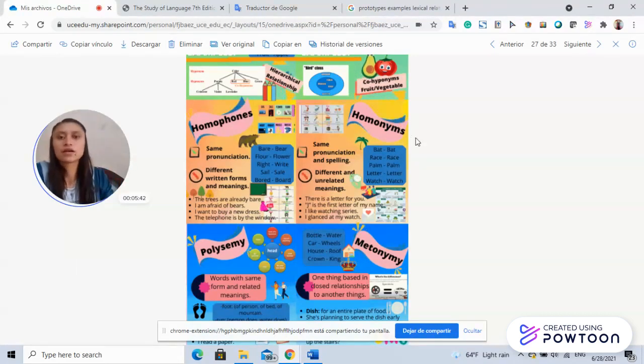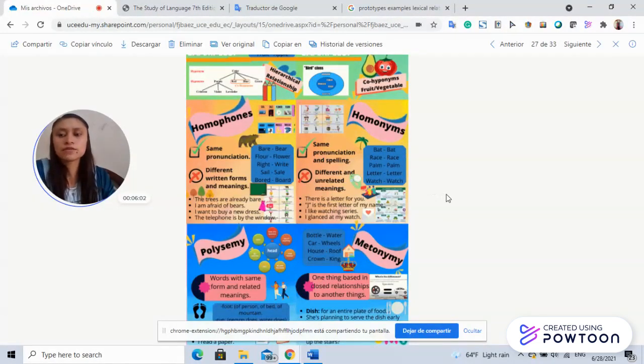The other ones are homonyms, in which we have the same pronunciation and spelling but different and unrelated meanings. For example, bat and bat, the bat of an animal, and the bat of a thing that we use in a sport.